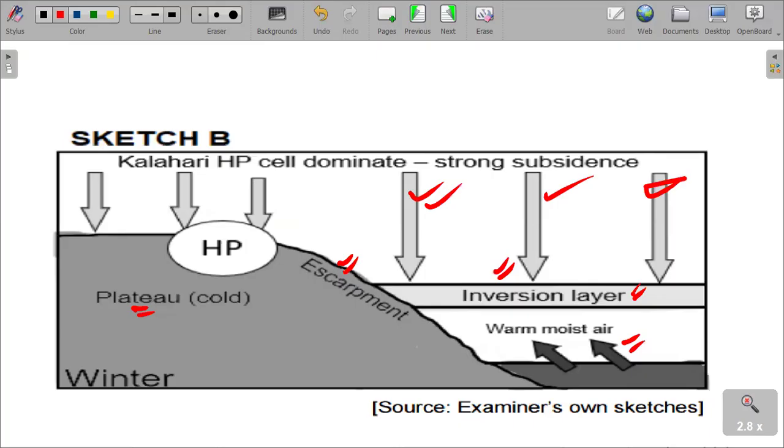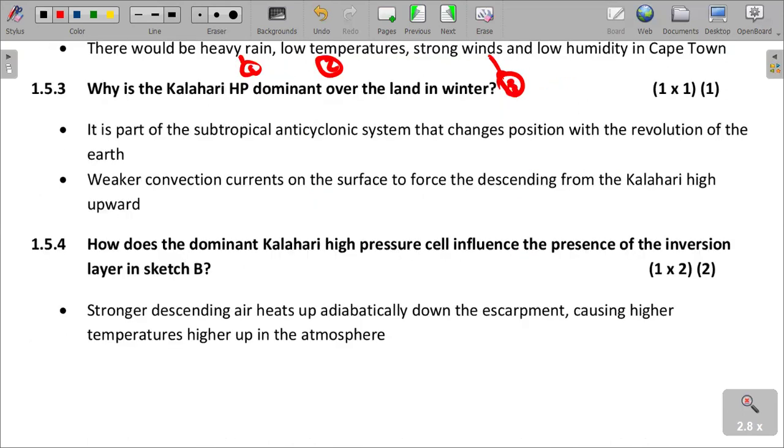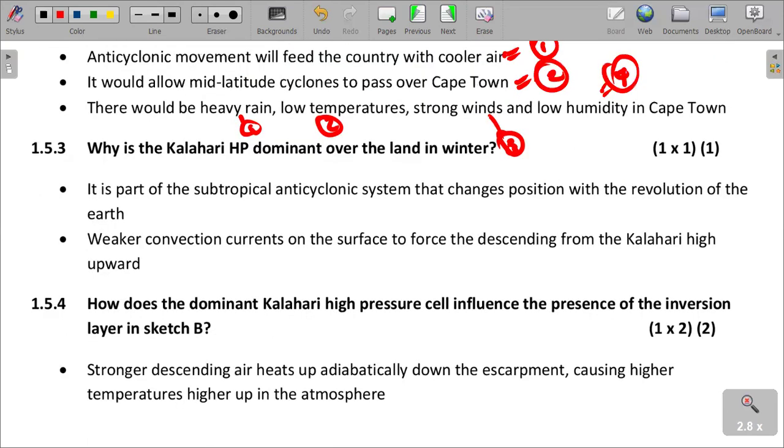Why does it dominate? One, it is part of the subtropical anticyclonic system that changes position with the revolution of the Earth. The revolution of the Earth causes the subtropical anticyclonic system to change its position.